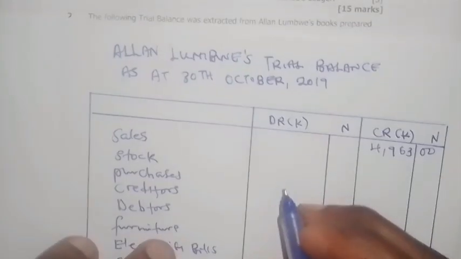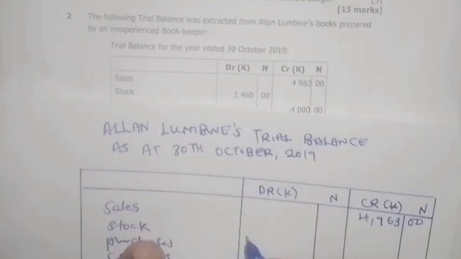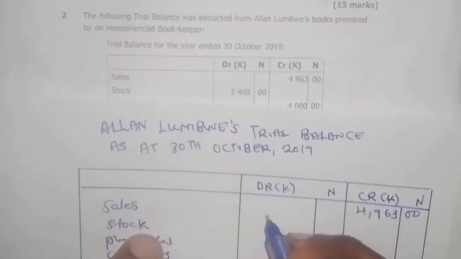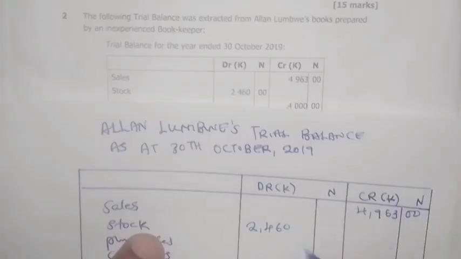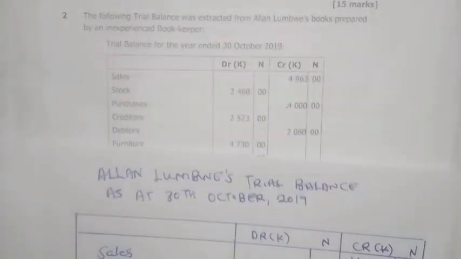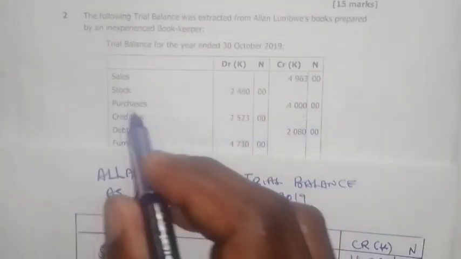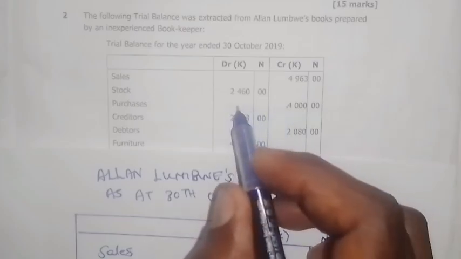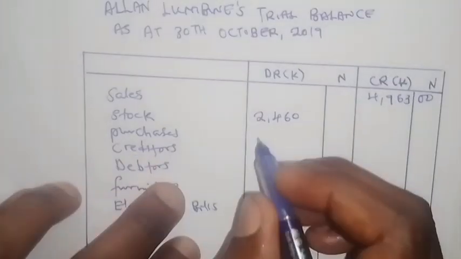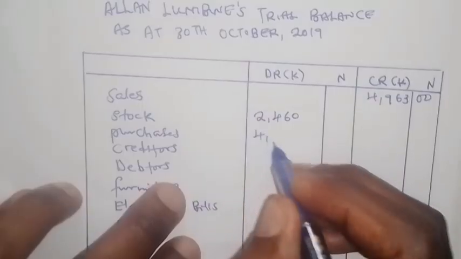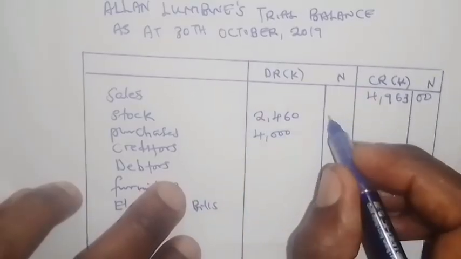Stock is always on the debit side, so this is going to be 2460. Okay, and then we have purchases. It is on the credit side, just to be on the debit side. So put purchases 4,000 on the debit side. Okay, so these are Ngwes.